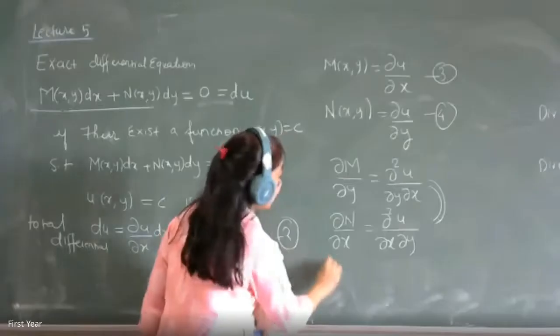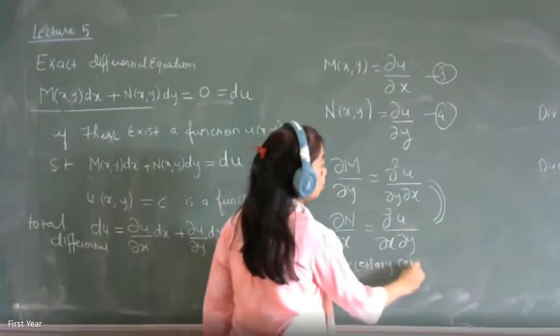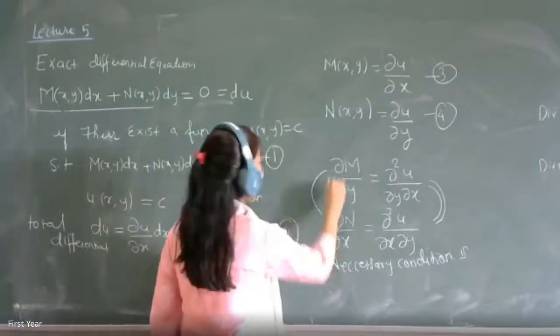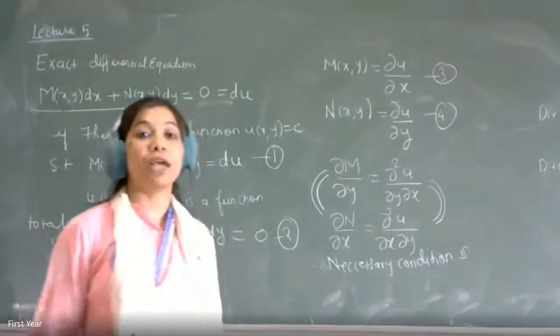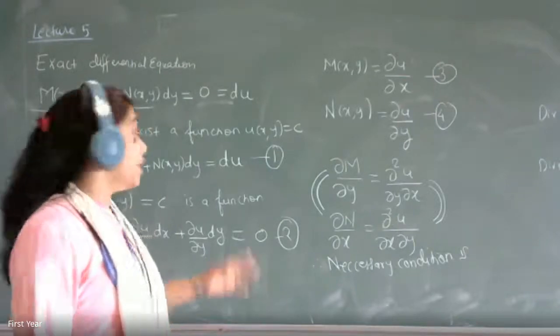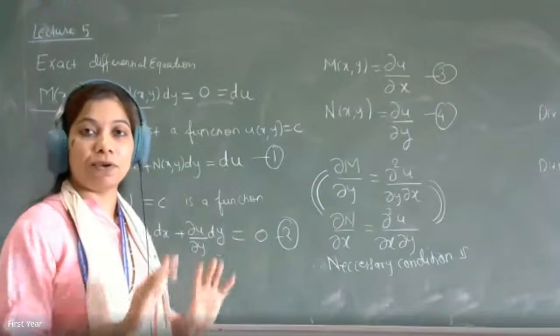Therefore, the necessary condition for the differential equation to be exact is del M by del y should be equal to del N by del x. Identifying that there exists a u and then saying it is exact would be a very lengthy process.